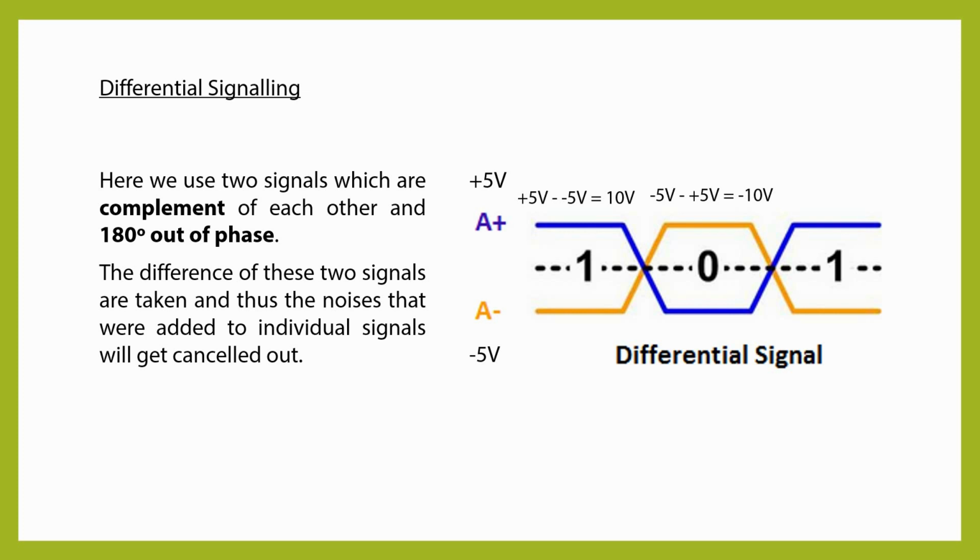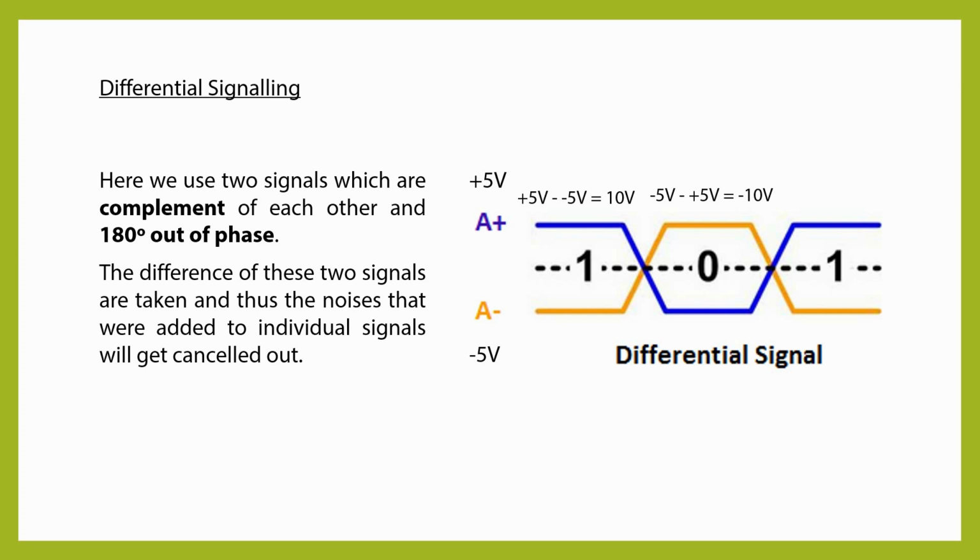The logic 1 and logic 0 are the difference between the two signals. In logic 1 state, it will be +5 minus -5, which will give you 10 volts, and the logic 0 will be -5 minus +5, which will give you -10 volt.